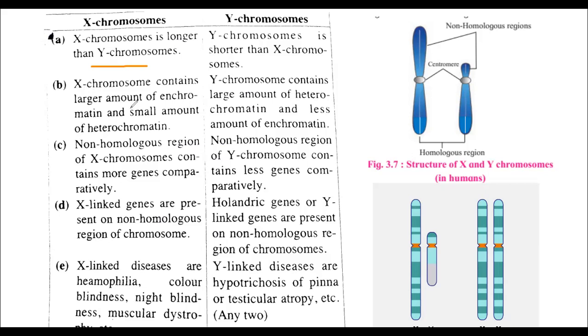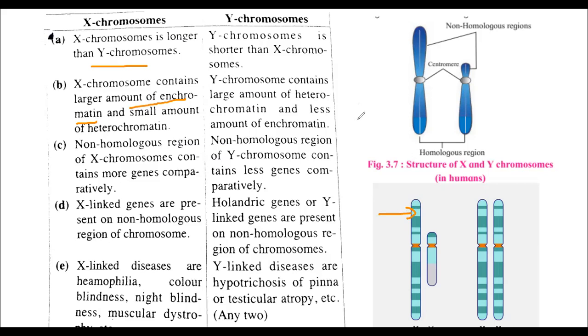X contains more amount of euchromatin. Euchromatin means lightly stained regions. This we have discussed in the previous chapter, and you might have also studied it in lower standards.